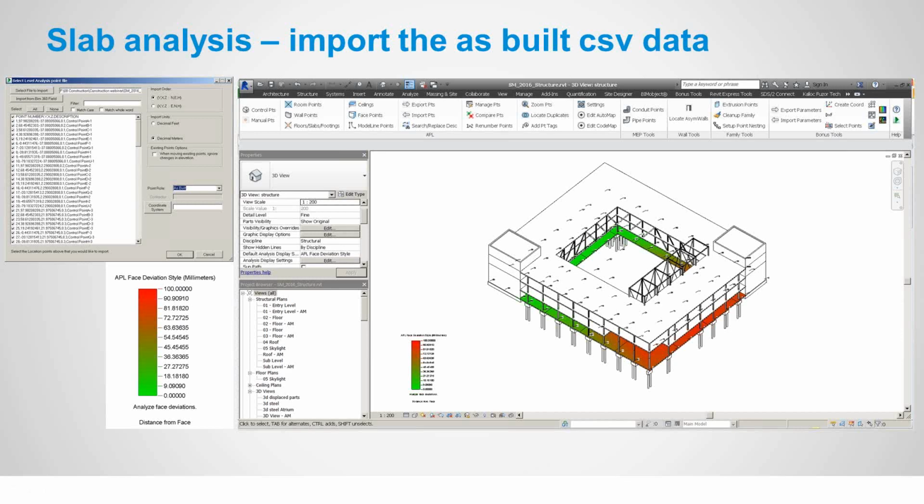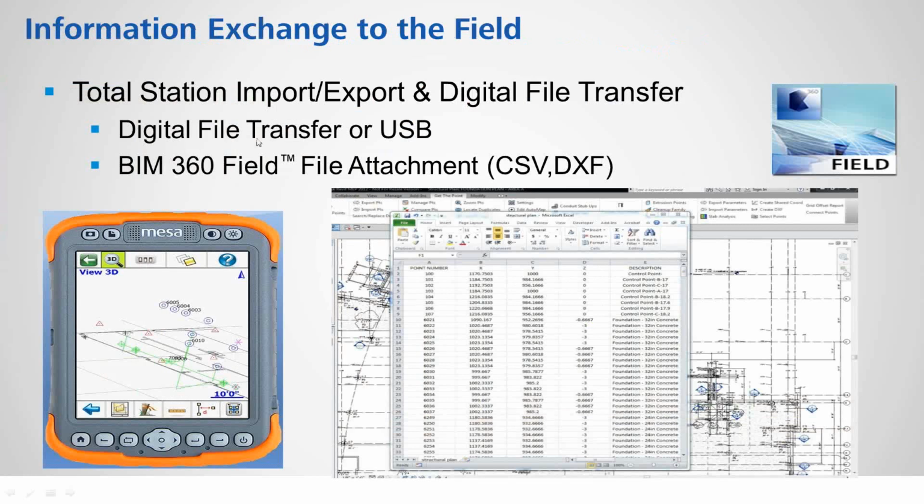So there's a couple of ways to take the data through. Number one is transferring it to the total station via a digital file transfer or a USB. Or we can go through the BIM 360 Field workflow and take that data out to the total station.